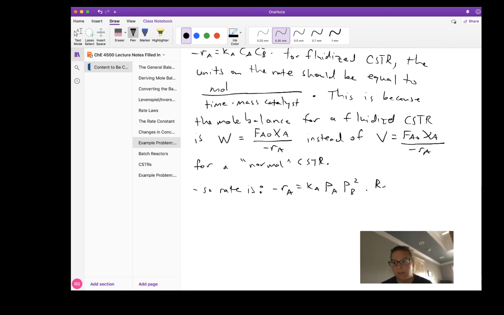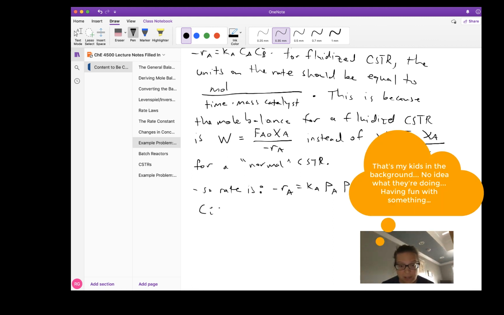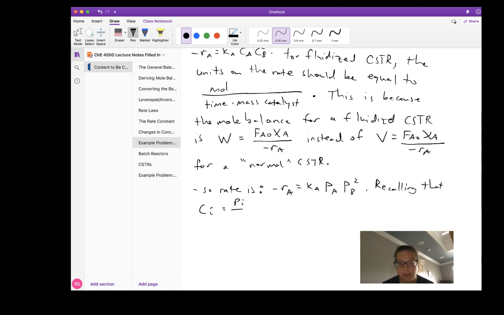And recall that for gases, pressure and concentration are related. So the concentration of species i is equal to the partial pressure of species i, which is Yi times P total, where Y is the mole fraction.